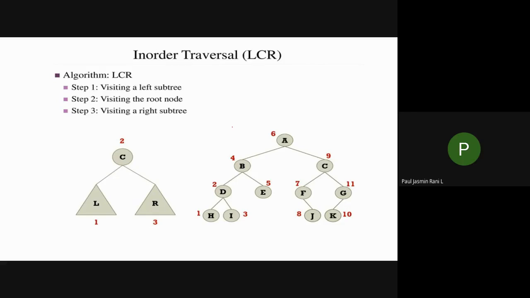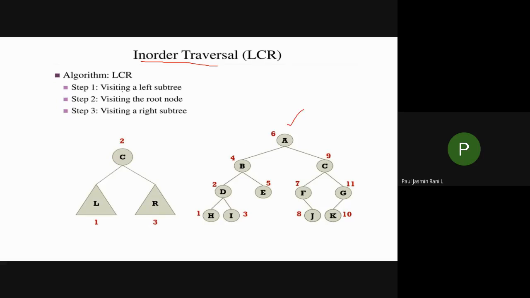Since it is non-linear, I will be confused: from node A where do I have to go, whether B or C? From C where do I have to go, whether F or E or D? So let's see, using this in-order traversal, how I can print all the elements from this tree data structure.